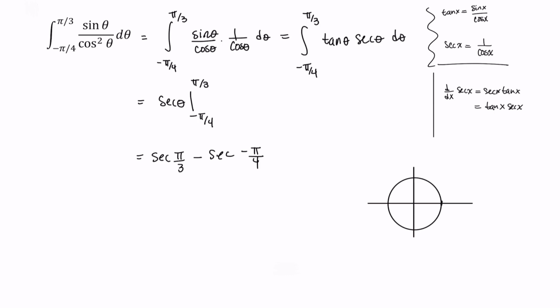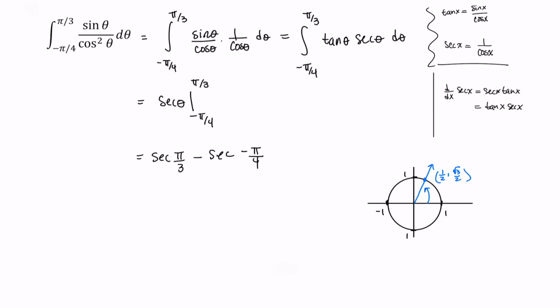Here is my unit circle. And remember, secant is 1 over cosine. So let's ask ourselves, at an angle of pi over 3, the terminal side, what is the x value there? If you said 1/2, you're correct.